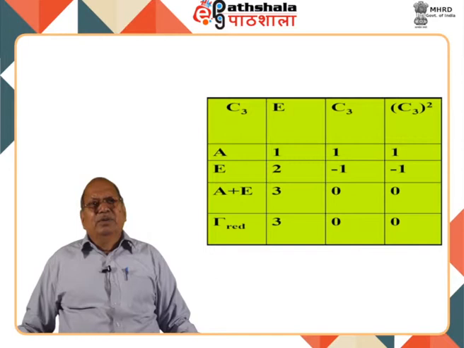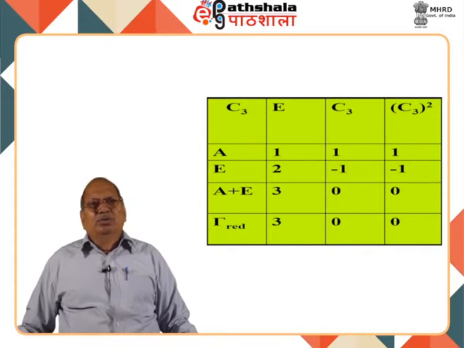In the character table for C3, under E we have 1, 2 and 3. Under C3 we have 1, -1 and 0. Under C3 squared, 1, -1 and 0.